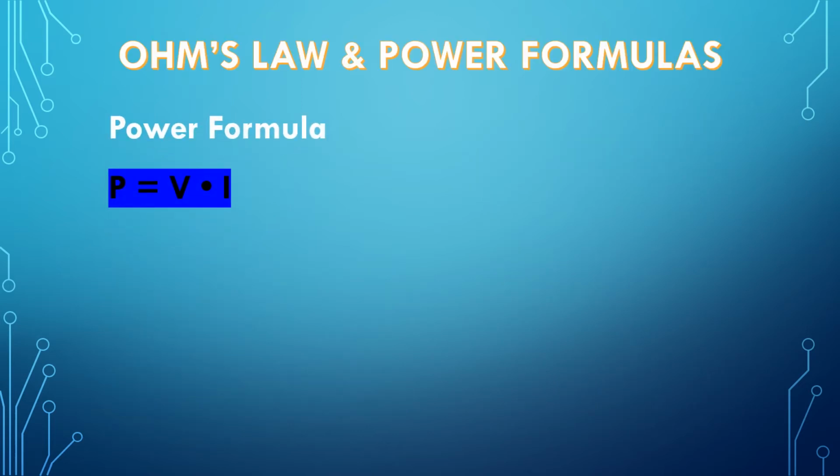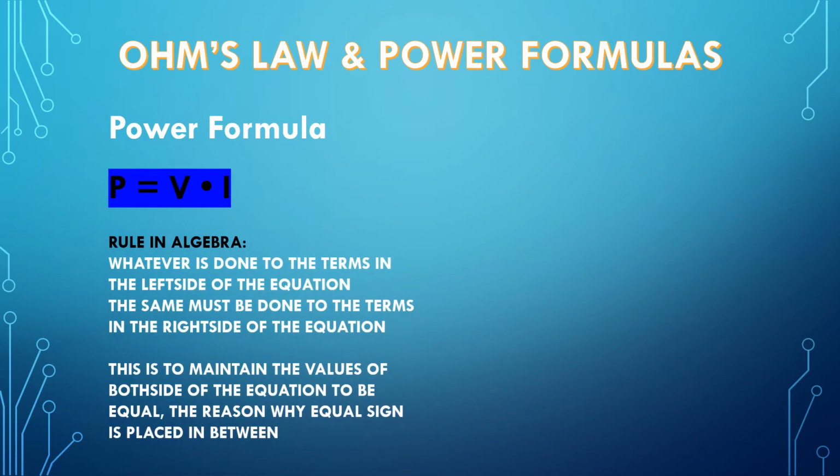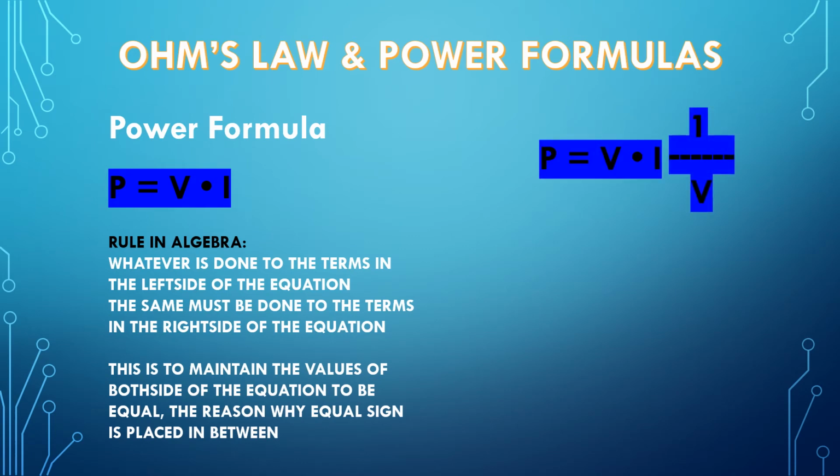Also, from the power formula, P is equal to V times I, and using the same rule, we want to isolate I because we want to solve for I. We multiply by 1 over V on the right side and also 1 over V on the left side.